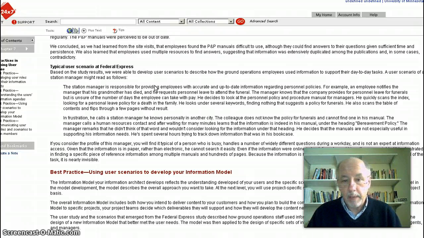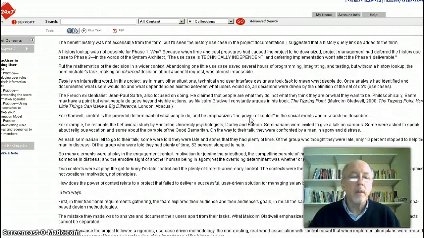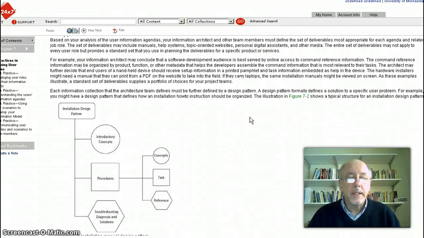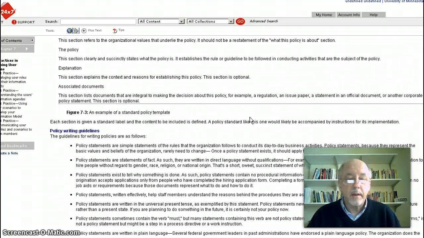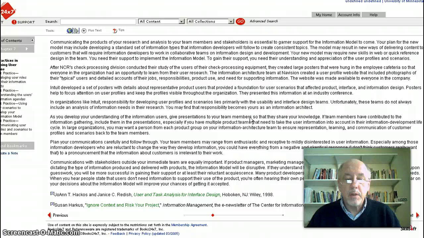So as you think about interviewing people, you might think of what people's goals are and what obstacles they encounter along the way. And there are several other examples here that you can use to inform your work.